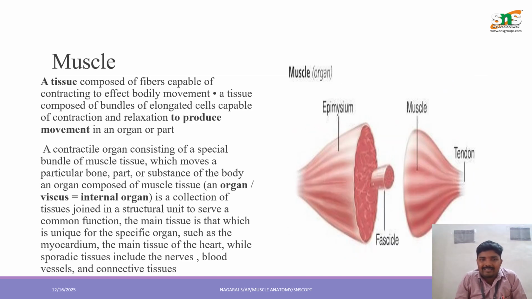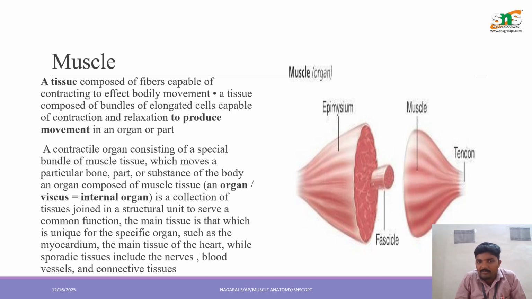Muscle is a tissue composed of bundles of elongated cells capable of contraction and relaxation to produce movement of an organ or part. It is a contractile organ consisting of special bundles of muscle tissue which move a particular bone or a substance of the body.